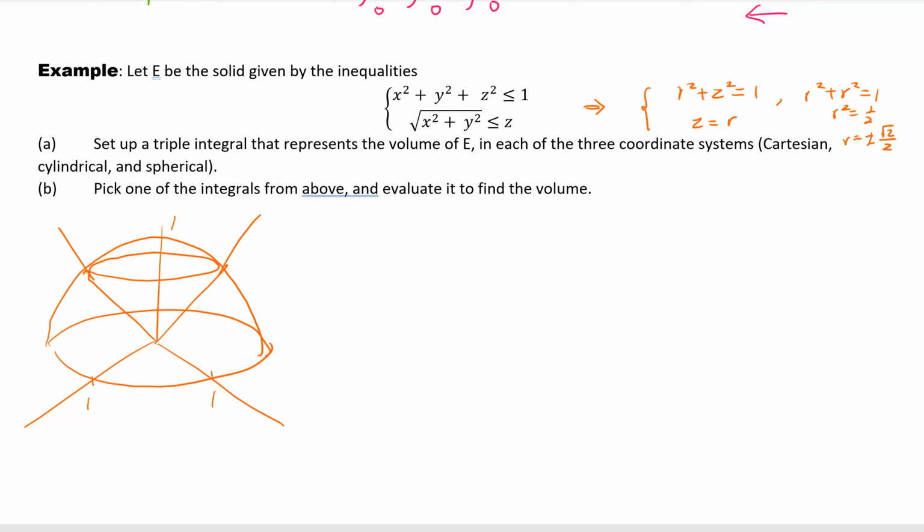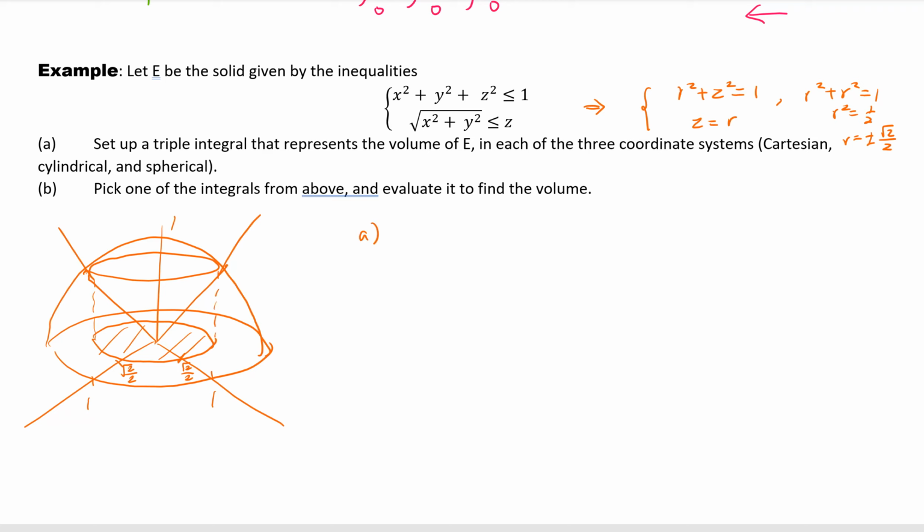So if we project this down, this is root 2 over 2, and this is the base disk, the base circle. Okay, now we're ready.